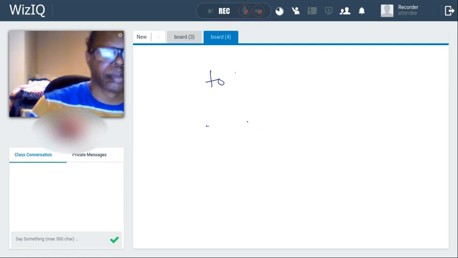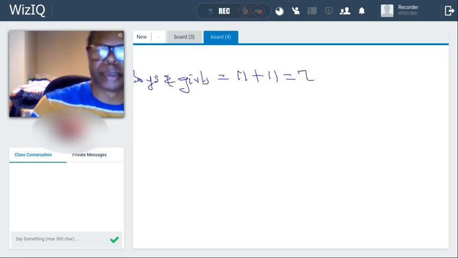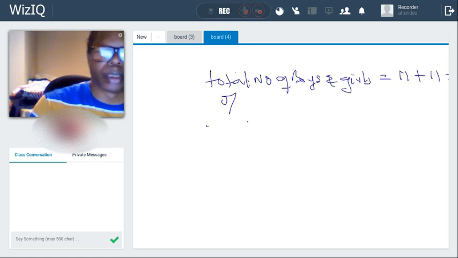The total number of boys and girls is equal to 11 plus 11, which equals 22.